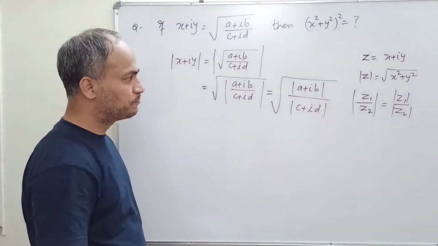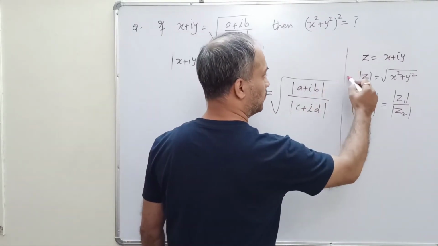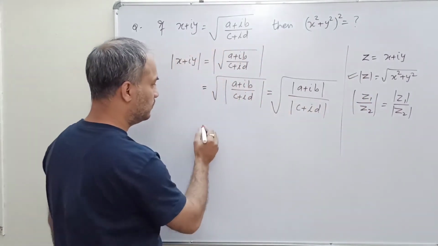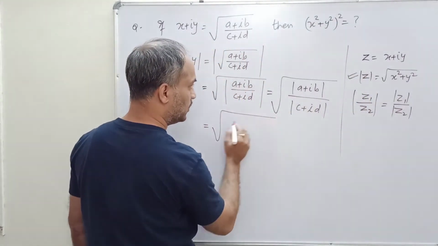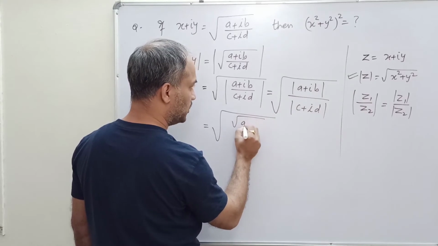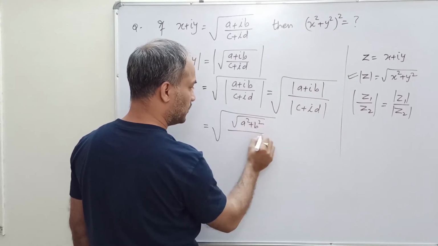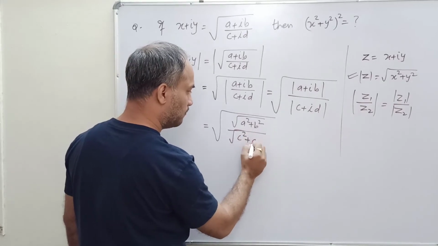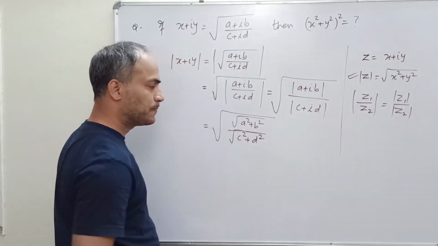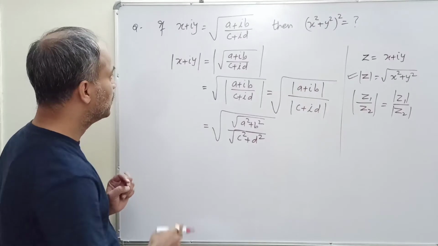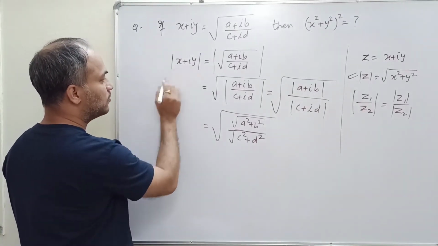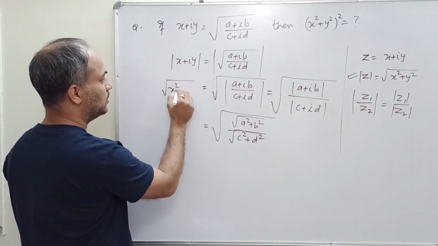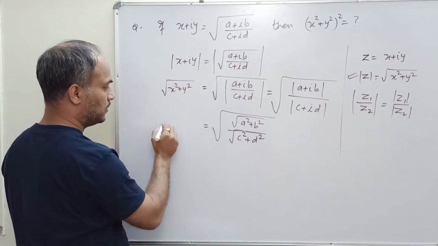And this we know according to the formula. This can be simplified. It will be square root of a square plus b square. Similarly, this will be square root of c square plus d square. Okay, so we have the values now. On the left hand side, when we take this modulus, this will be square root of x square plus y square.